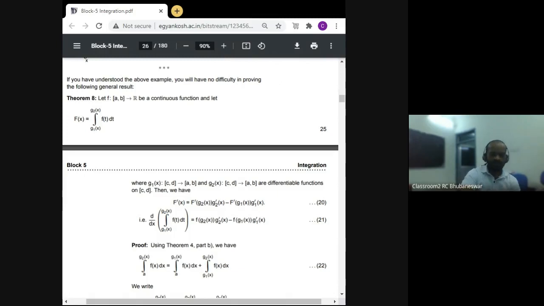That means the derivative of an integral.